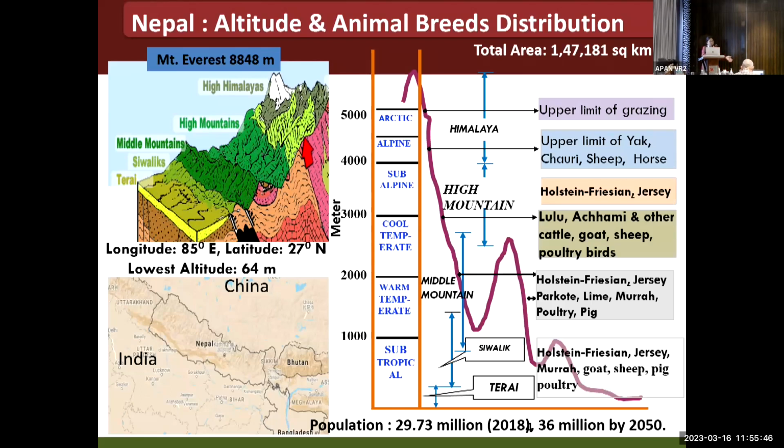So we have diversity in the climate over a very short distance from south to north, and because of that, we have lots of variation in the climates as well. So we can have any kind of animals that can adapt in Nepal.